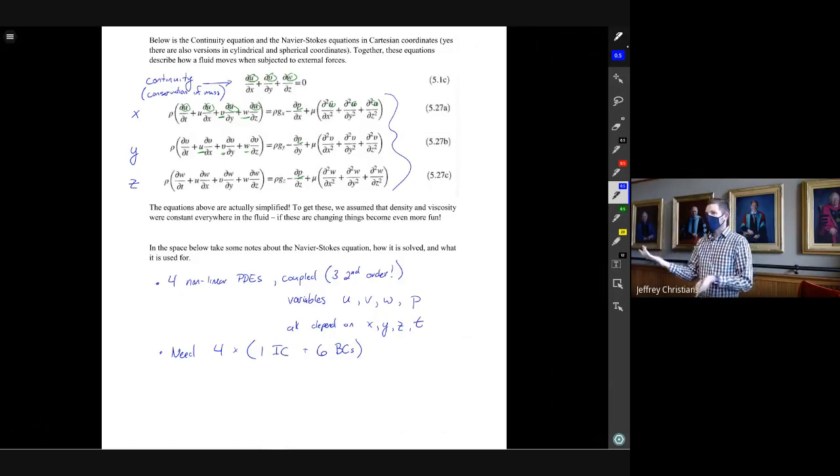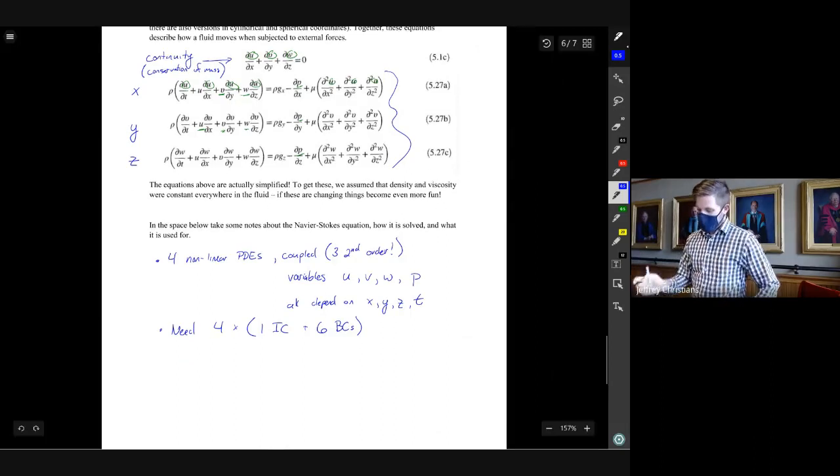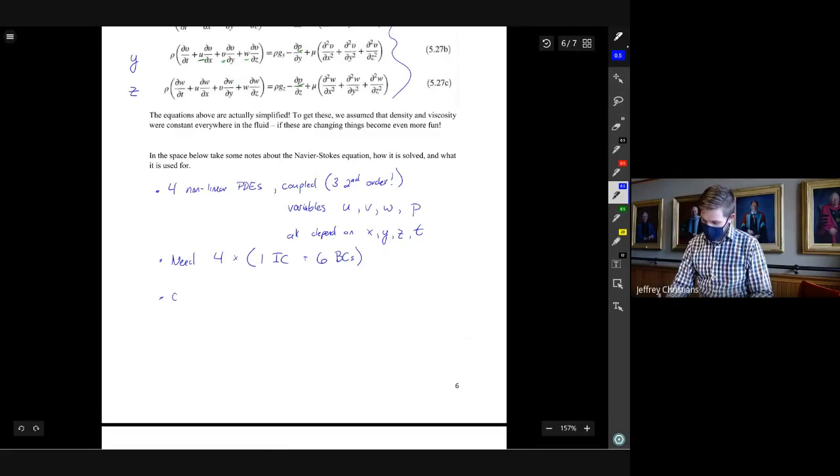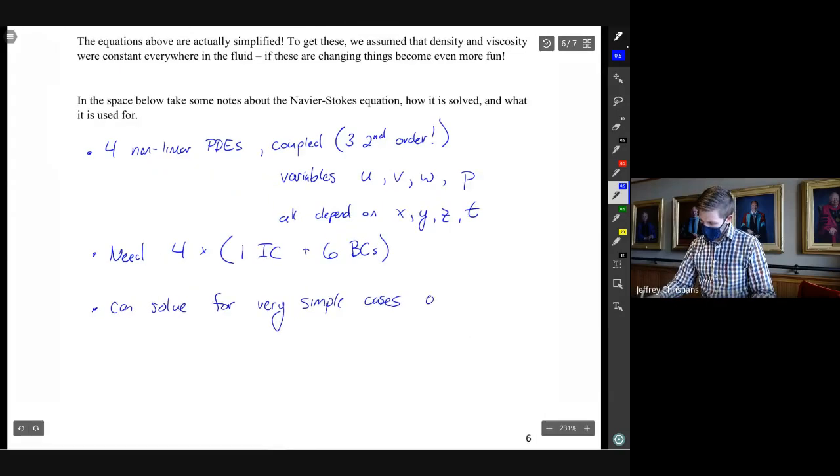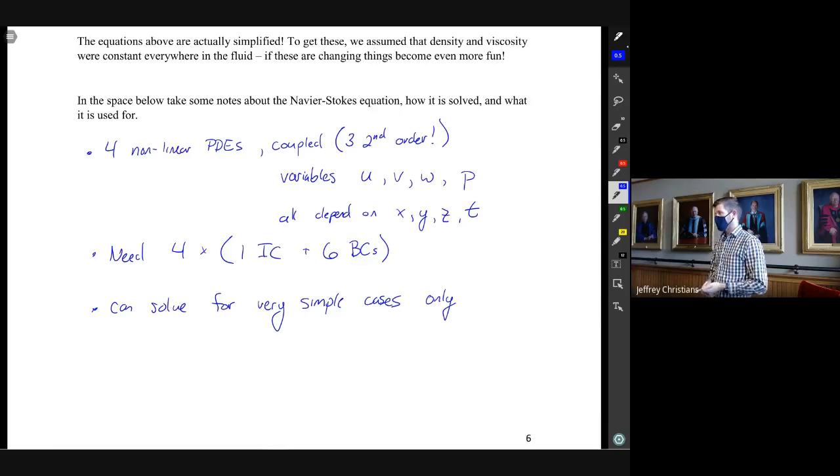So practically, we don't actually solve these. We can solve for very simple cases only. We can solve, like us in this class, I mean anybody can solve, only a very simple case.